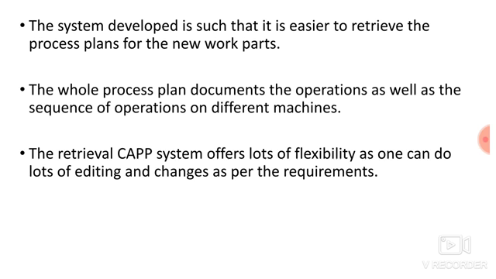The retrieval CAPP system offers a lot of flexibility, as one can do a lot of editing and changes as per requirement. So first of all, you generate the code for a particular part and enter that code inside the system. You will get a ready-made process plan from the system, and if you want to change it, you can edit that process plan and save it again so that you can retrieve it later.